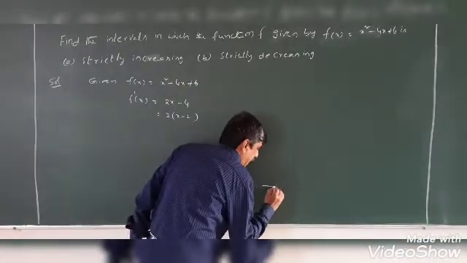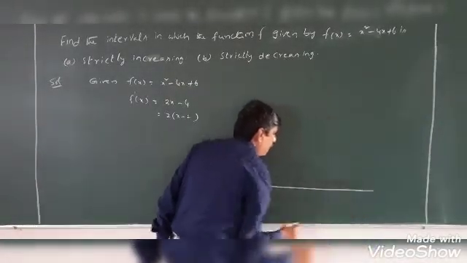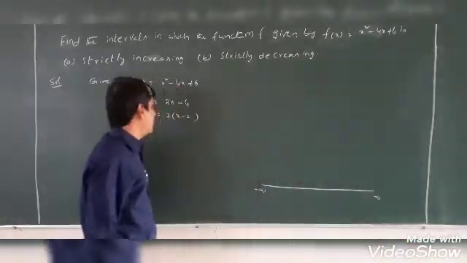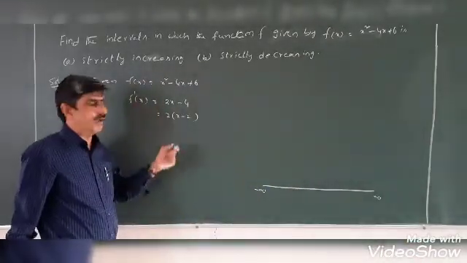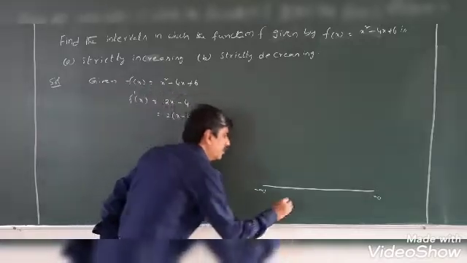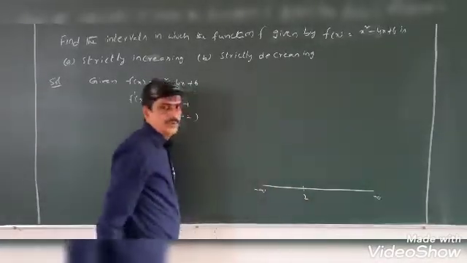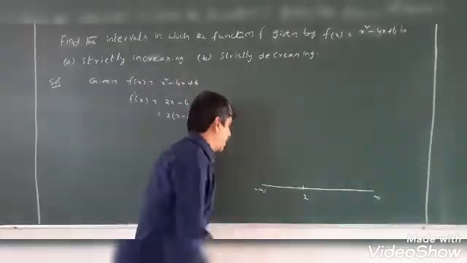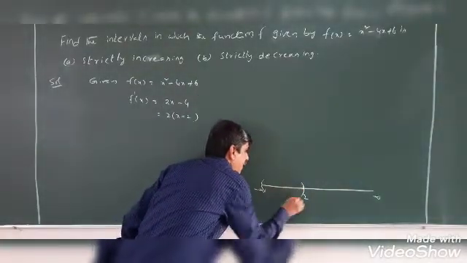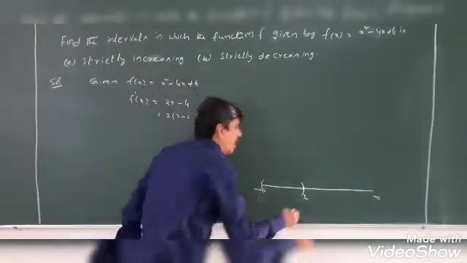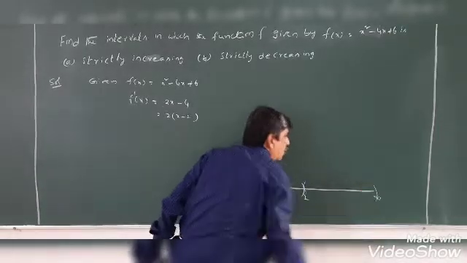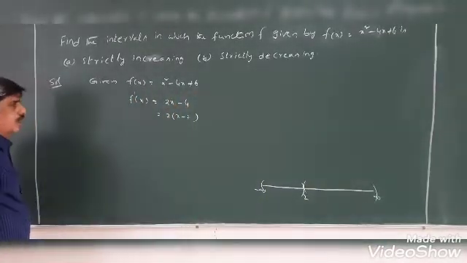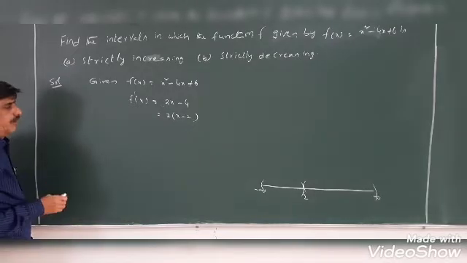So the real number scale is minus infinity to plus infinity. So f dash x is equal to 0, we are getting x is equal to 2. Now the real number system splits into two intervals. So one interval is minus infinity to 2 and the another interval is 2 to infinity. So take here one table.